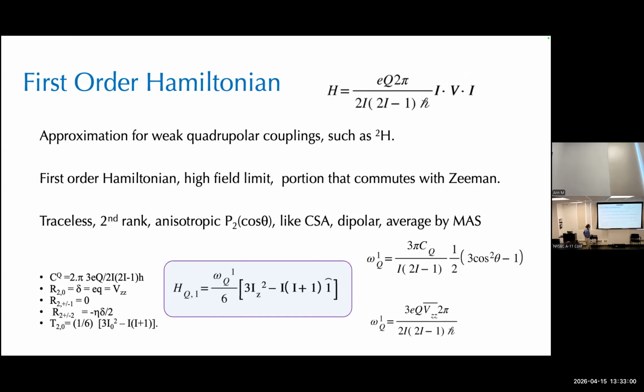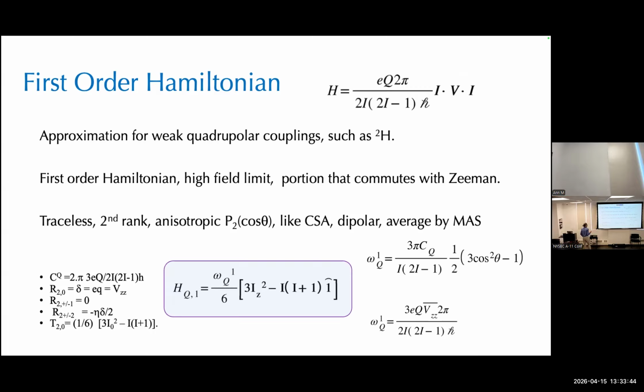And unless you have some sort of pathological binding environment, like a helical molecule with a lot of flow in it, R2 plus or minus 2 is the eta, only if it's non-uniaxial. The asymmetry. Okay, so those are your tensor components for the first order piece only of the quadrupole interaction.